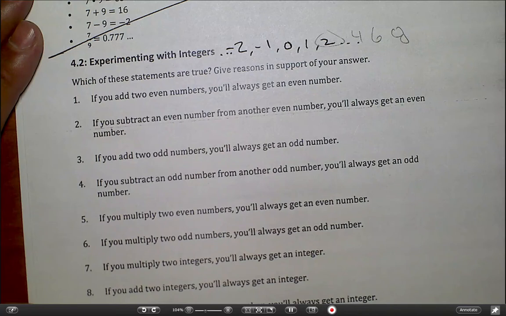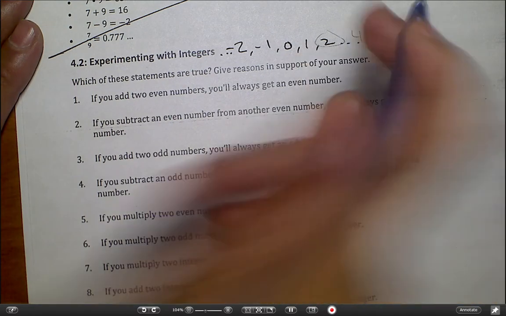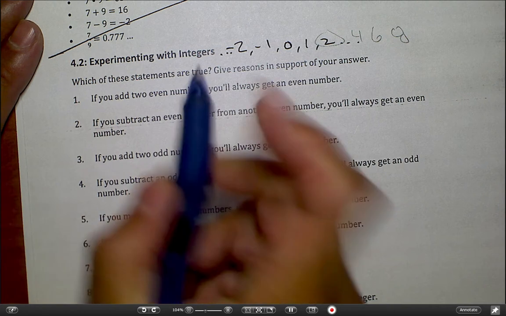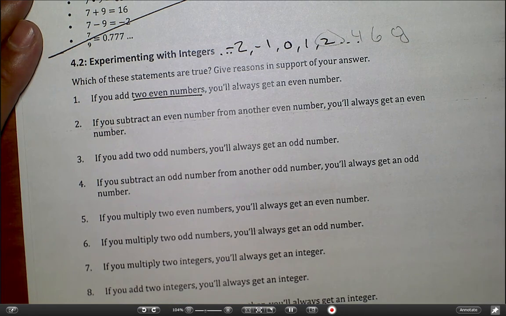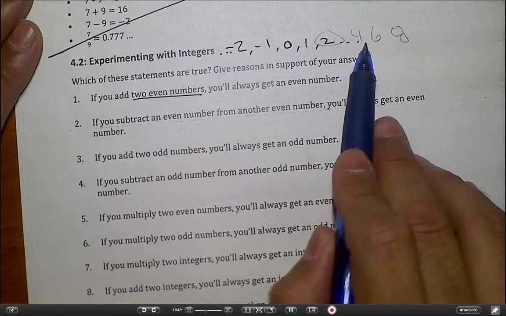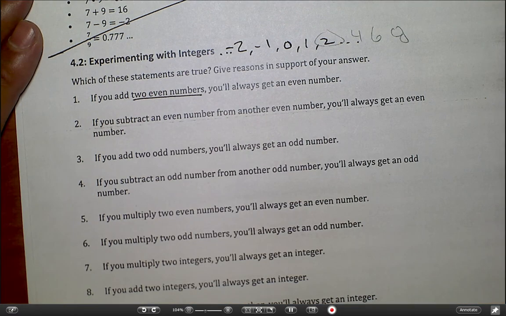Oh, say -1 plus 2. Even though. You add two even numbers. Remember, even is going to be 2, 4, 6, 8, right? You were working with odd. It's all right. Okay, so is that true now? Let's see.